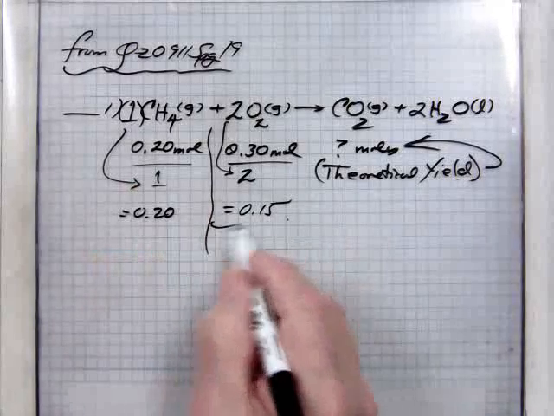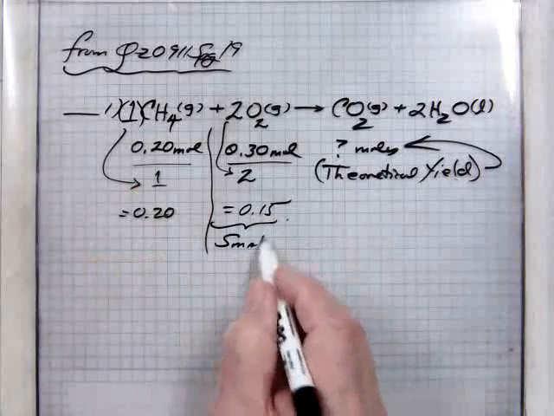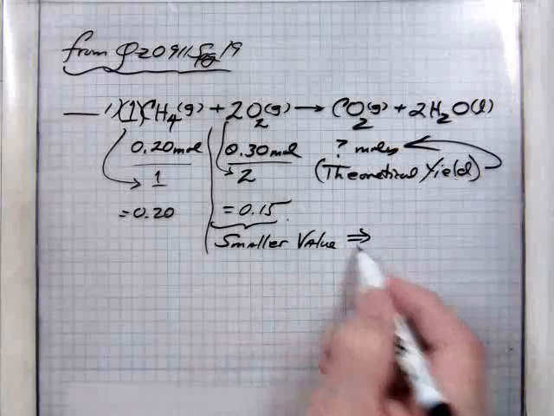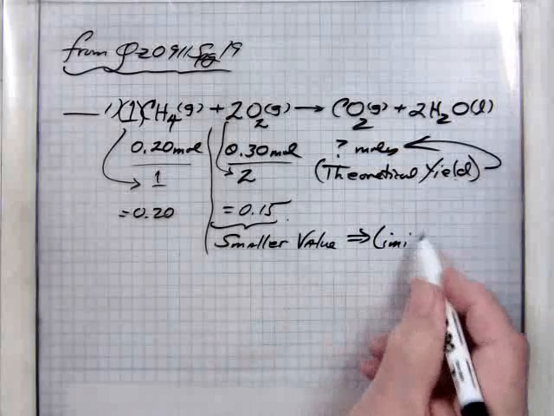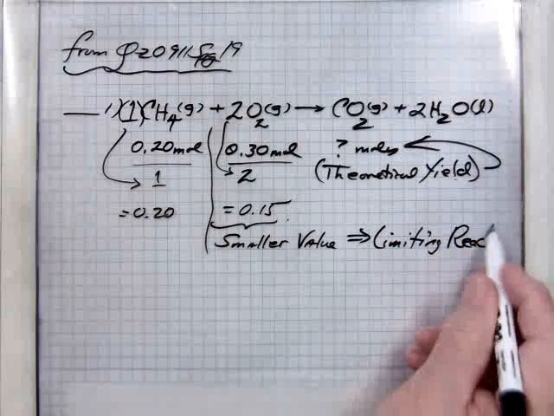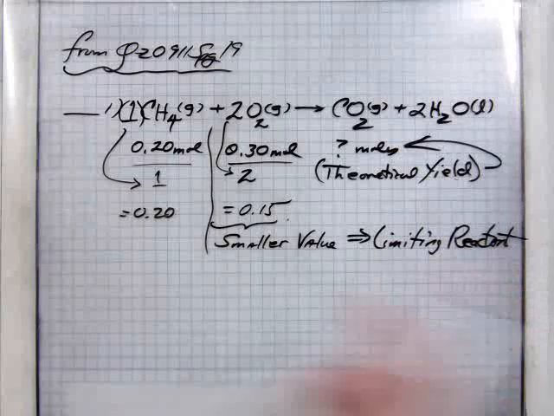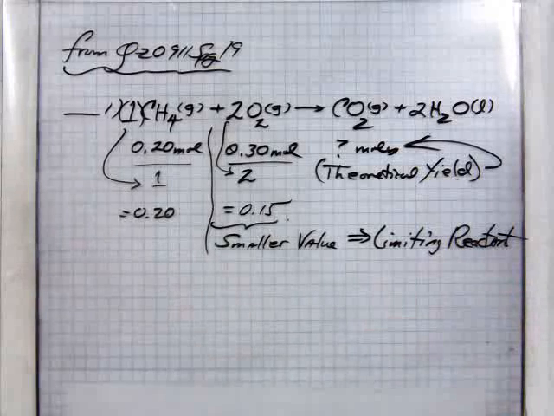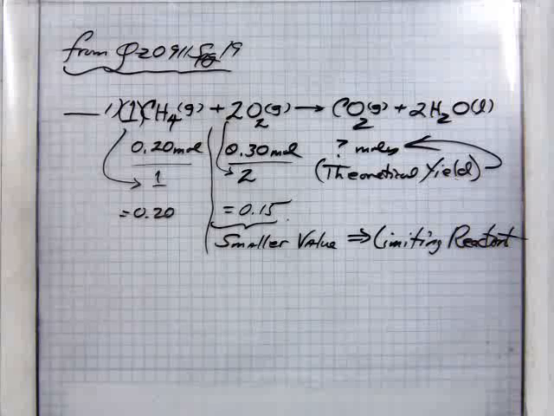So the smaller value is the limiting reagent or reactant. Now, while this is a technique and there is logic in the reasons I'm doing it, it's not important in just determining the limiting reagent.